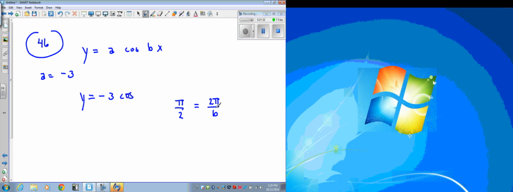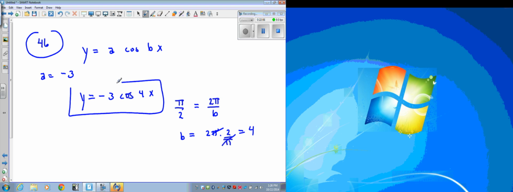Whatever that b is, you're always going to divide it into 2 pi. So if we solve this for b, then b is going to equal 2 pi, and then this is going to be inverted, right? Times 2 over pi. So b is 4. Put it in there, and there's the formula for that.